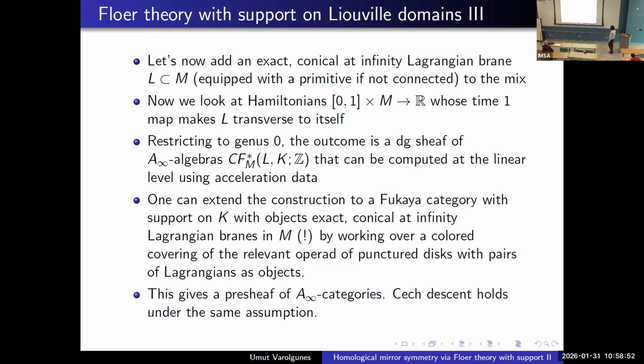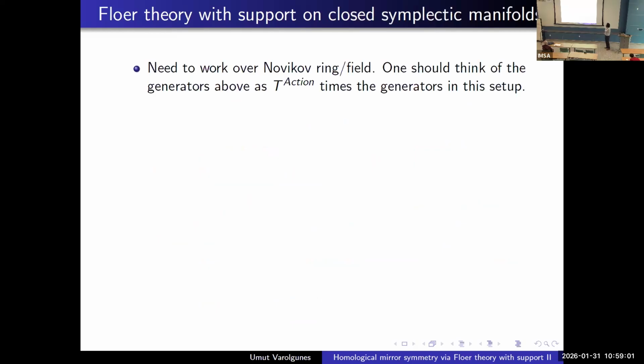So this will give a presheaf of A infinity categories. It's going to satisfy Čech descent if you have the same Poisson commuting assumption. Now, if you want to do this with closed symplectic manifolds, you can't complete with respect to action. There's not a well-defined action. So you do something more stupid.